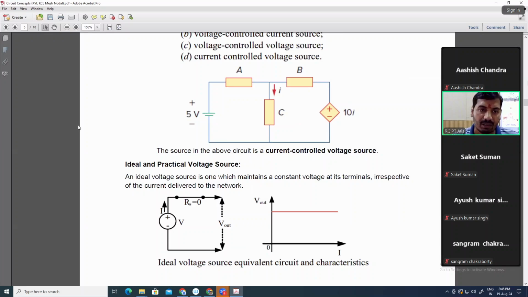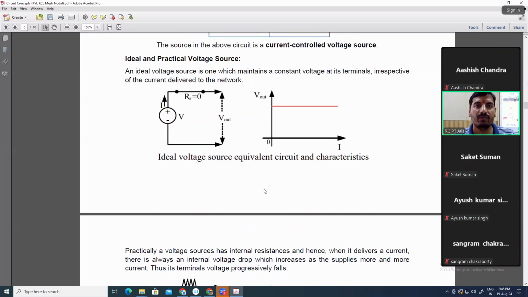Another thing: independent voltage and current sources can also be considered in two types, ideal and practical sources. Ideal sources have no internal resistance, while practical sources will have some internal resistance inside.